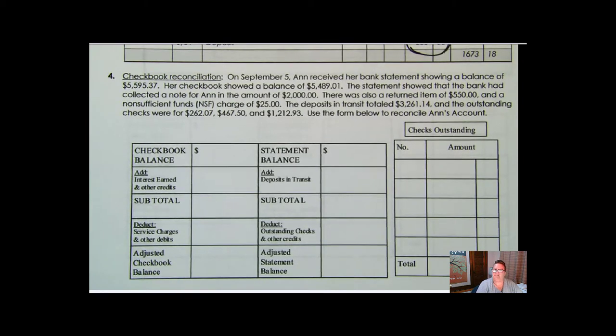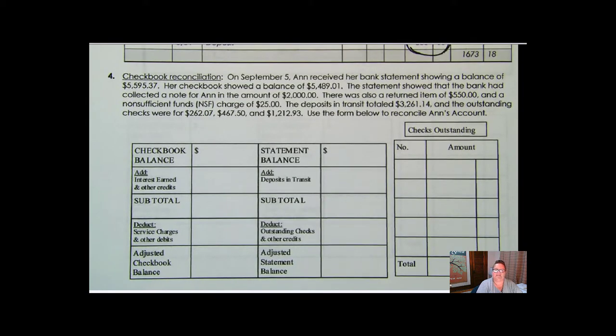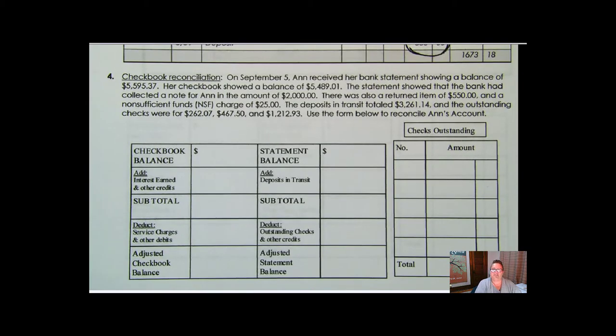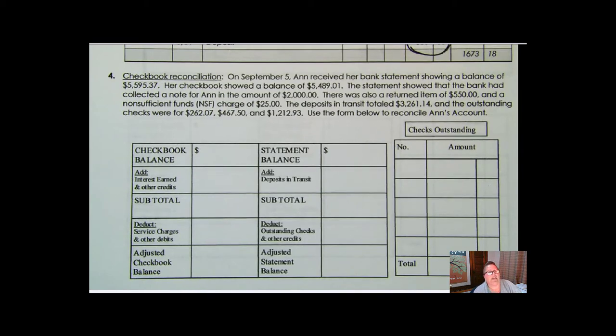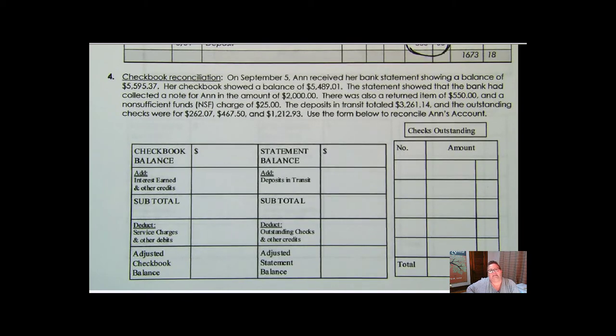This one says on September 5th, Anna received her bank statement showing a balance of $5,595.37. Her checkbook showed a balance of $5,489.01. The statement showed that the bank had collected a note for Ann in the amount of $2,000. There's also a returned item of $550 and an NSF fund charge of $25.